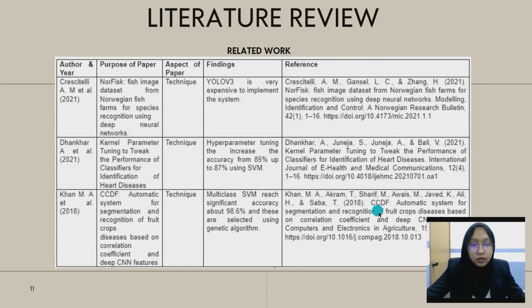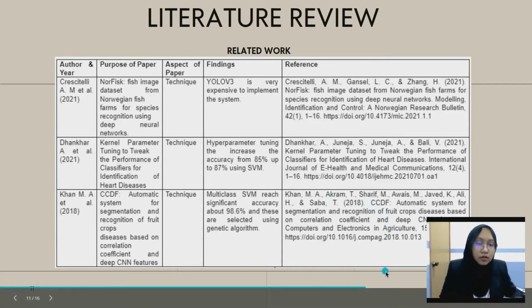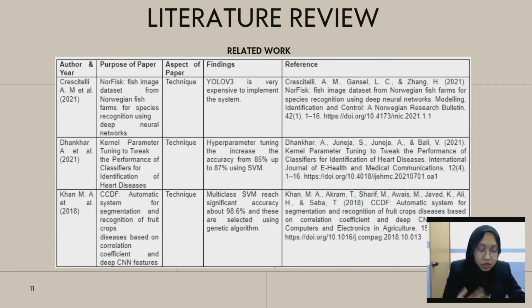For the related work, I chose three research papers that have a very significant impact on my project. The first one is the fish image dataset from a Norwegian fish farm for species recognition using deep neural network, published in 2021, where YOLO version 3 is very expensive to implement.